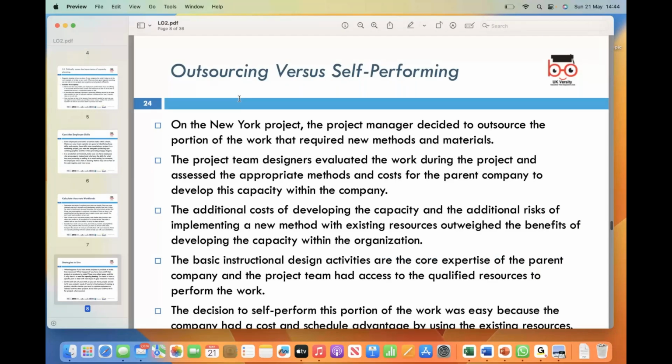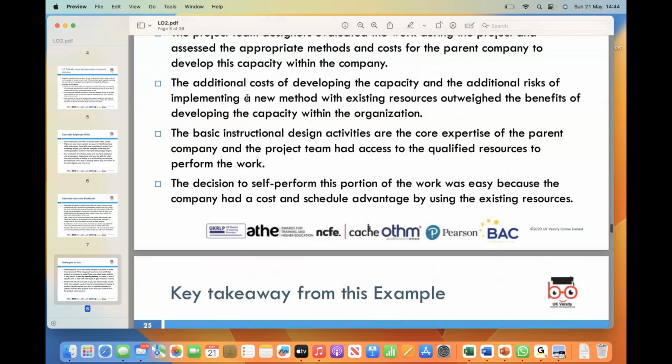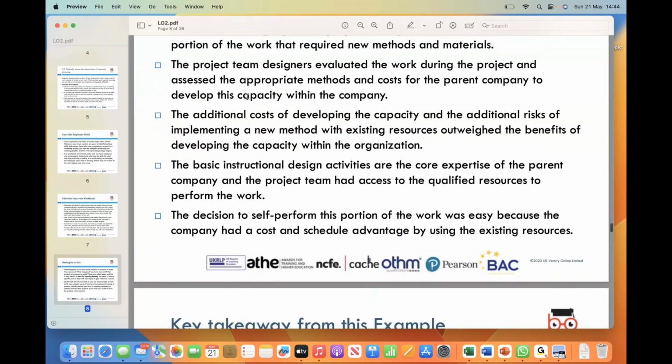Okay, outsourcing versus self-performing. The project manager made a decision to outsource a specific portion of the work that required new methods and materials. The rationale behind this decision was that the project team carefully evaluated the work and determined that it would not be beneficial for the parent company to develop this new capacity within the organization.